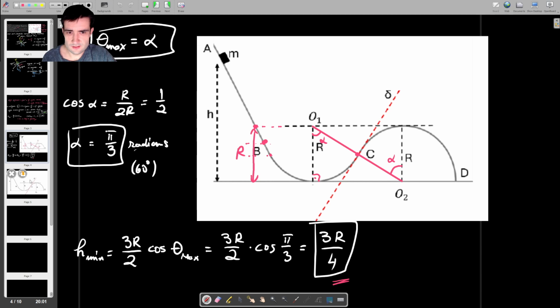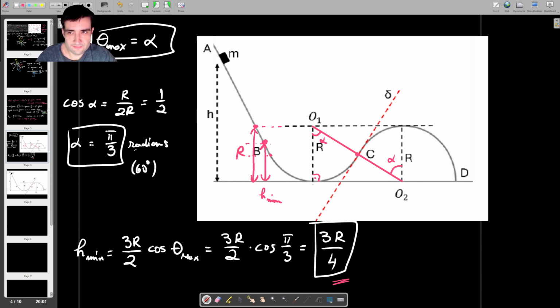And I don't think this requires any more explanation. So if you release the body from the minimum point, so this is h min, it will detach at C. If you release it from anywhere higher, it will also detach from C.